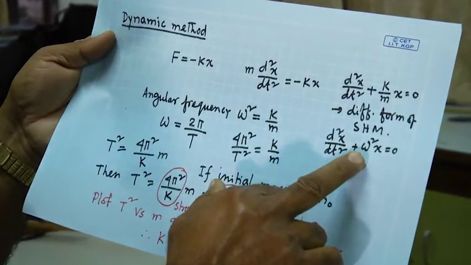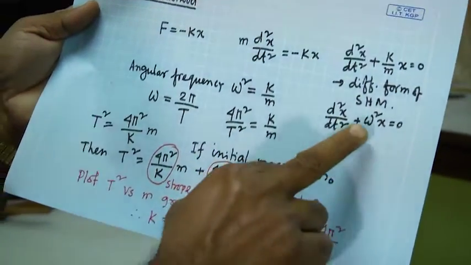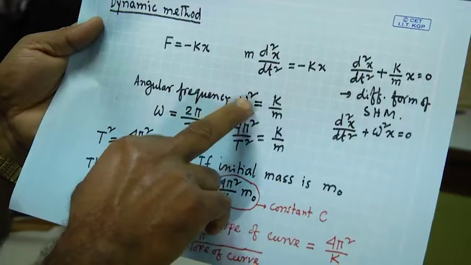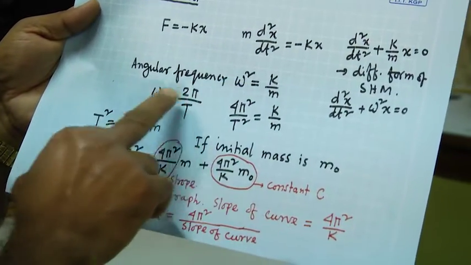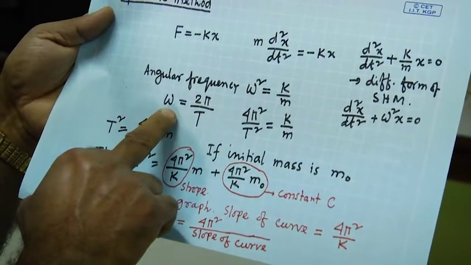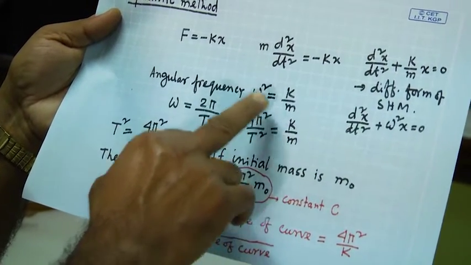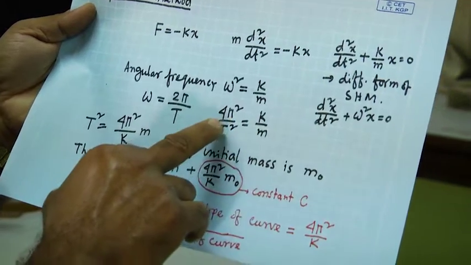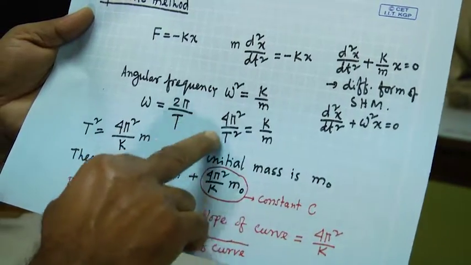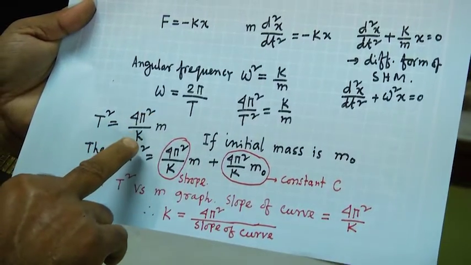In the differential form we write d2x by dt square plus omega square x equal to 0. Omega is basically the angular frequency of this spring mass system. So, this omega square is nothing but k by m, and omega equal to 2 pi by T, where T is the time period. So, omega square equal to 4 pi square by T square equal to k by m. If I rearrange this relation, I can write T square equal to 4 pi square m by k.